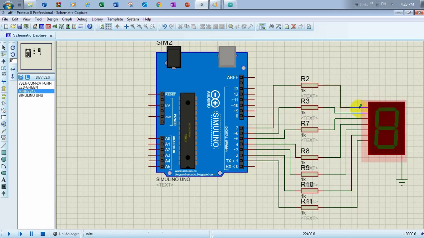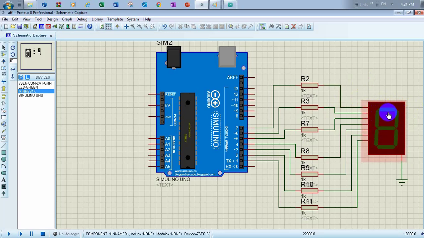If this Arduino sends 5 volt, this makes one of these segments light up. If the Arduino doesn't send a signal, that means 5 volt, to the 7-segment display, then that segment does not light up, it's turned off.